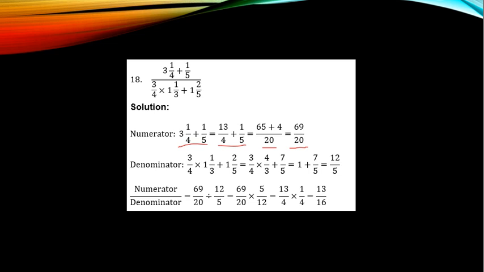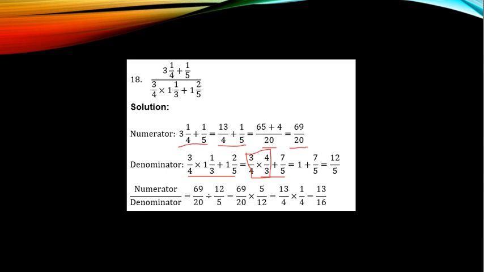The denominator is two operations combined, multiplication and addition. First is to change the mixed fractions to improper fractions. Because of multiplication, you take these two fractions first. When you multiply them, 3 times 4, 12. 4 times 3, 12.